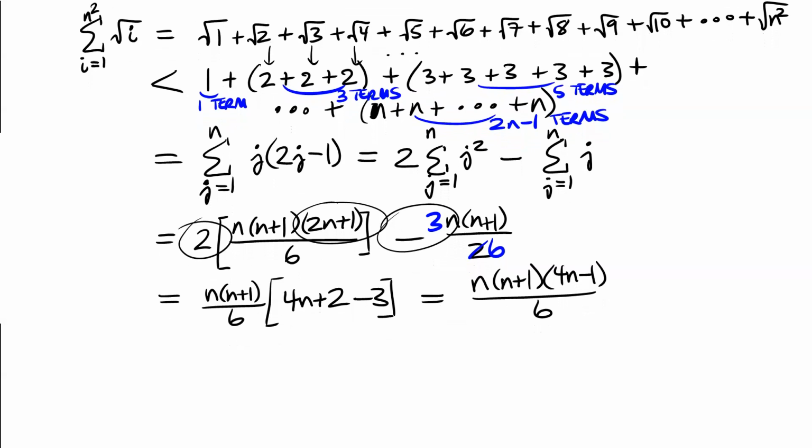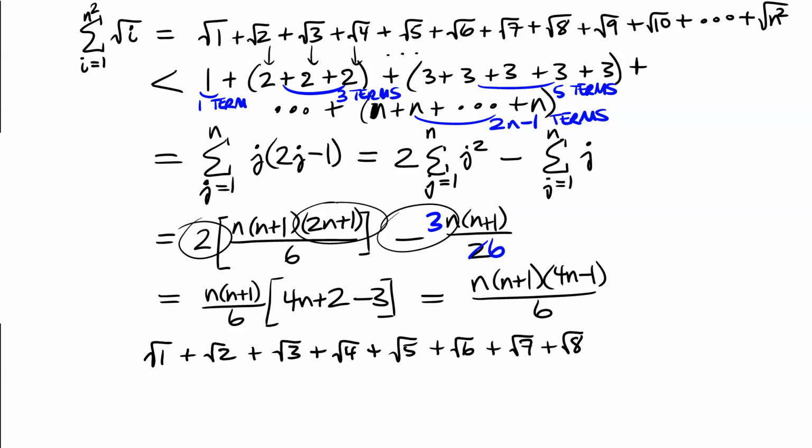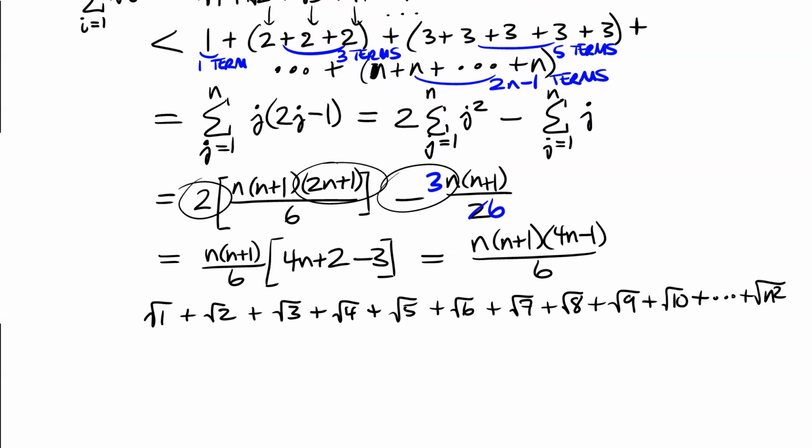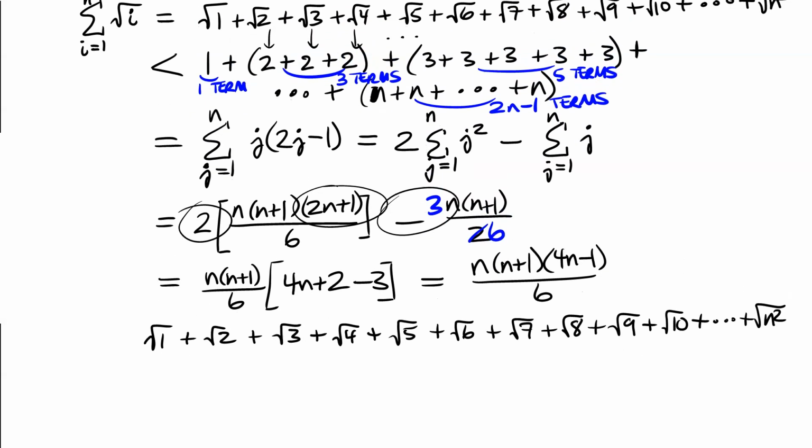So let me recopy the same thing here. Square root 1 plus square root 2. The only difference is this time I'm going to round down instead of up. I'll leave it like this so you can compare the two.